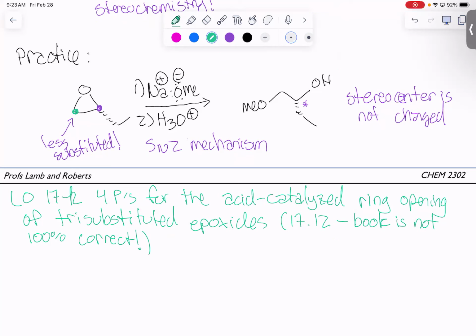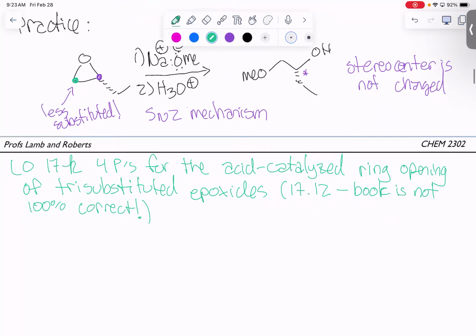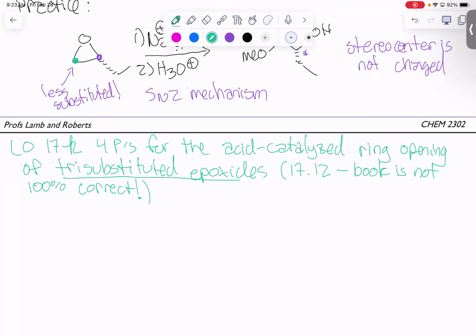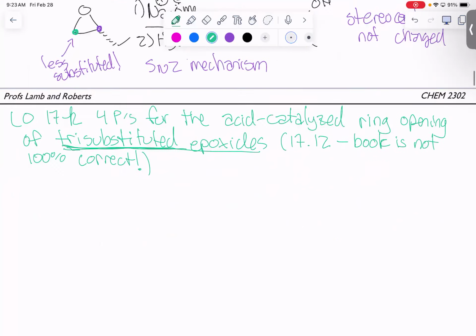And so, we talked about it, and the book kind of oversimplifies some things. And so we're just going to pay attention to what's in the class notes, all right? Even though the book has some cases that it makes out to be very clear cut, but actually are not the most clear cut, all right? So we're just going to deal with these tri-substituted epoxides only, okay? Tri-substituted, because those are pretty clear cut.